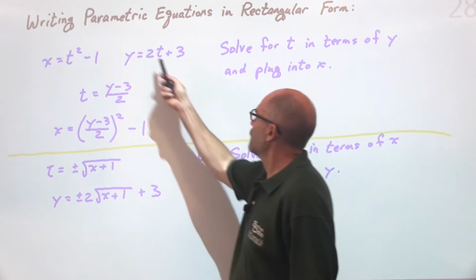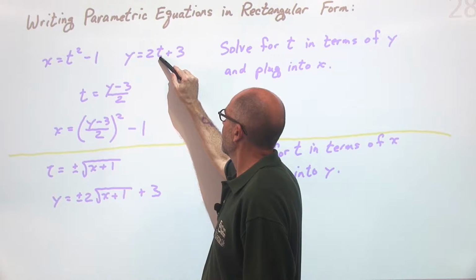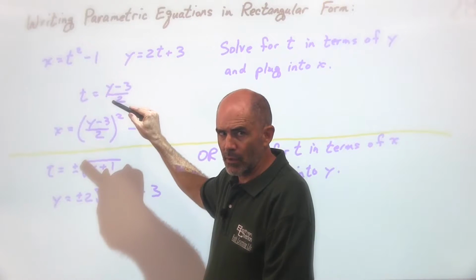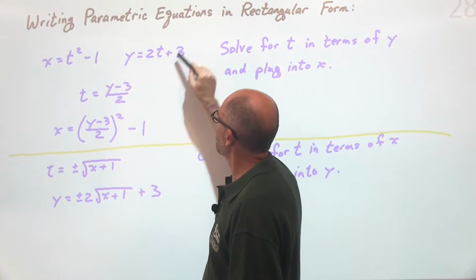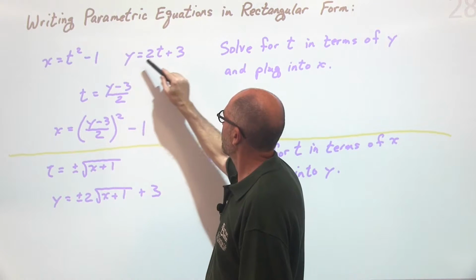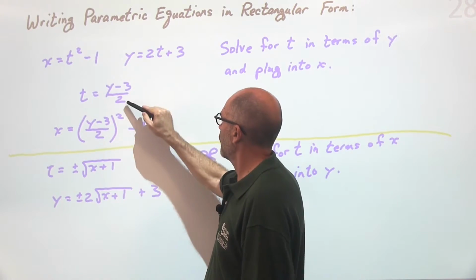So notice what I did. I took my y equals 2t plus 3, and I got t alone. Okay, so I subtract 3, so I have y minus 3 equals 2t, divide by 2, and I have t equals y minus 3 over 2.